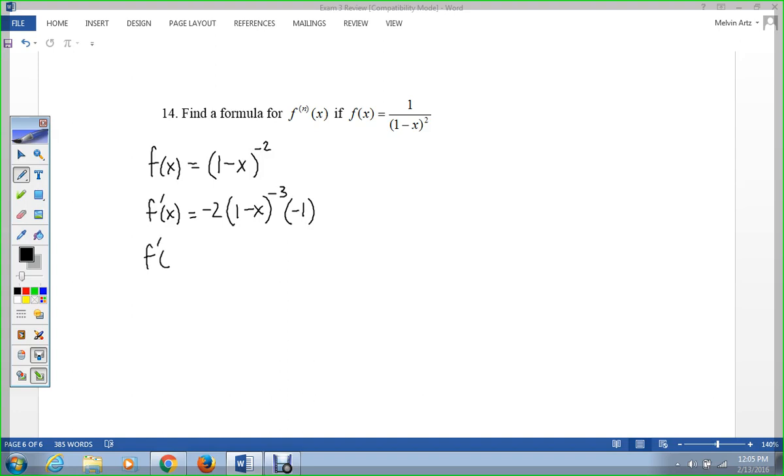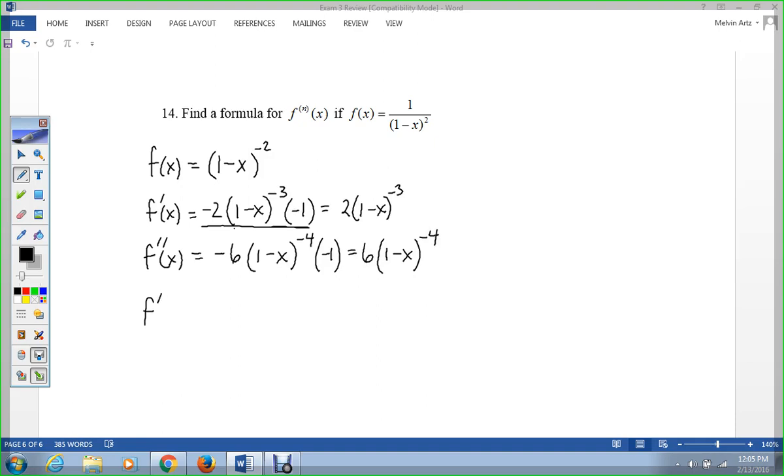So f double prime of x, in this one, this would be a positive 2. So it would just be 2 times 1 minus x to the negative 3. So taking the second derivative, we would have negative 6 times 1 minus x, subtract 1 from the exponent, times the derivative of the inside function. So we get 6 times 1 minus x to the negative 4.